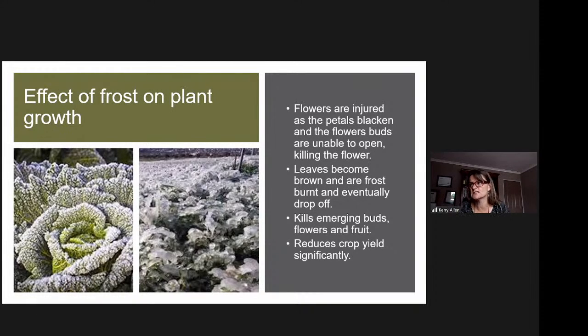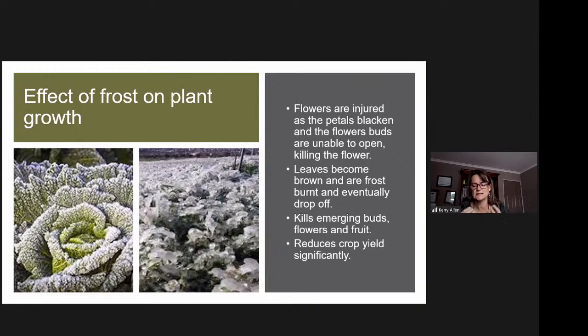So frost is terrible for very new buds or new growth or flowers. They don't like it. It literally kills them. However, some crops are very hardy and they don't mind the frost. That is why deciduous trees lose their leaves during the winter, to prevent this type of thing happening.